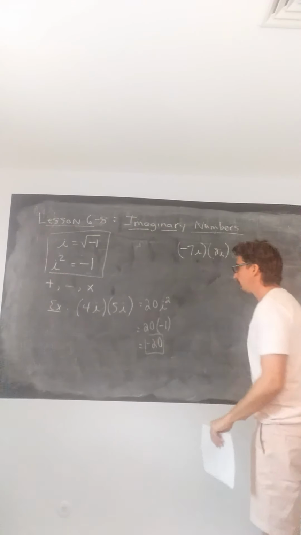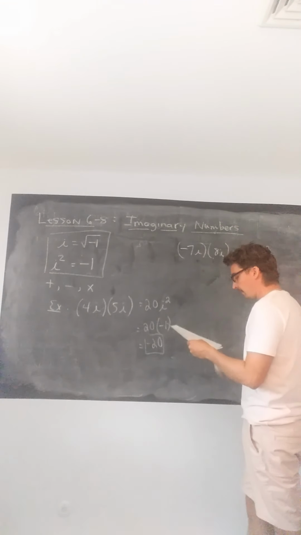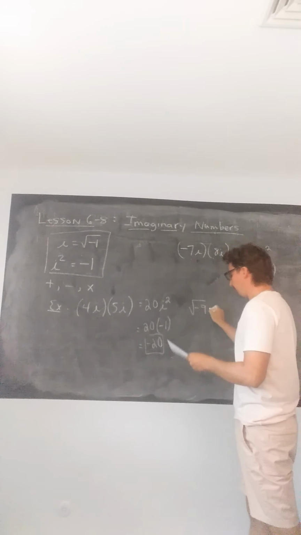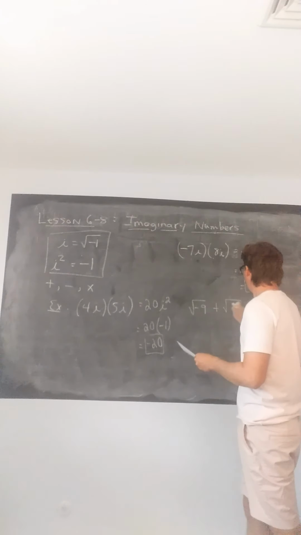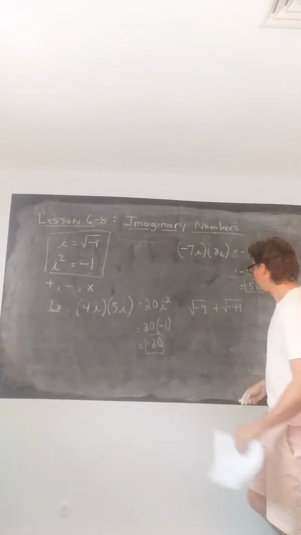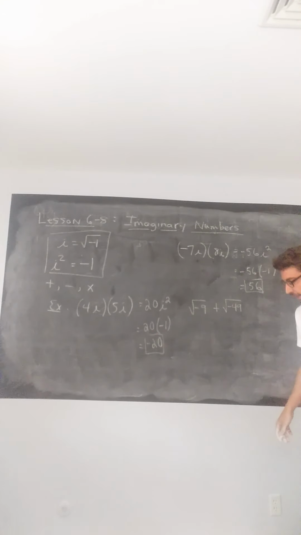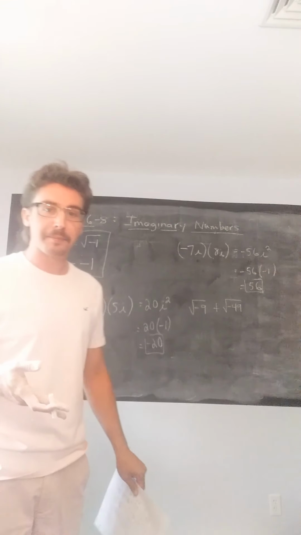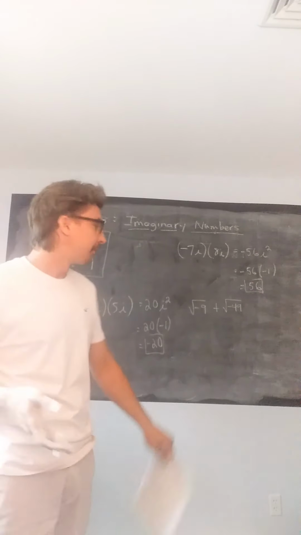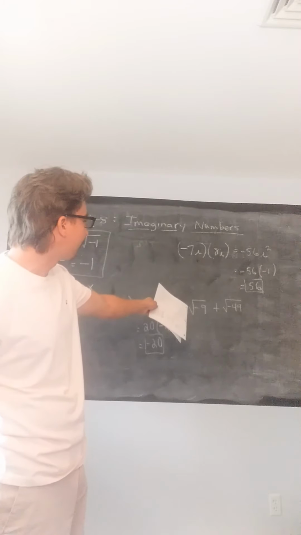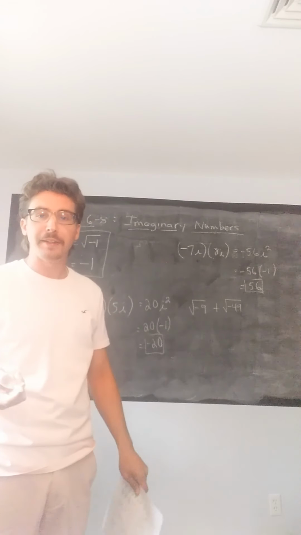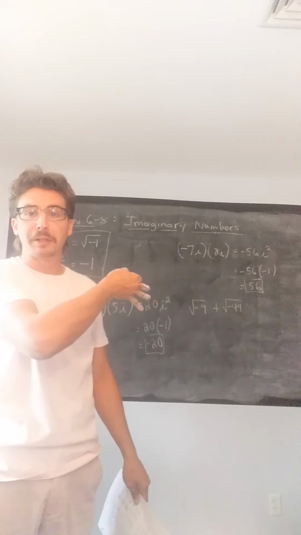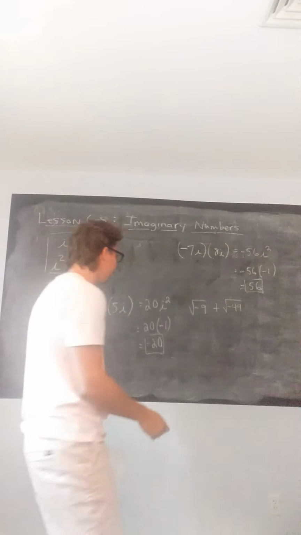Let's see, how about we do something like this? How about, let's do the square root of -9 plus the square root of -49. So the rule says that if you're adding radicals, you can only add them together if they're the same. So both of those things are not the same numbers underneath, so we can't add them together. But they're negative numbers, so that means we could go ahead and convert them to imaginary numbers.